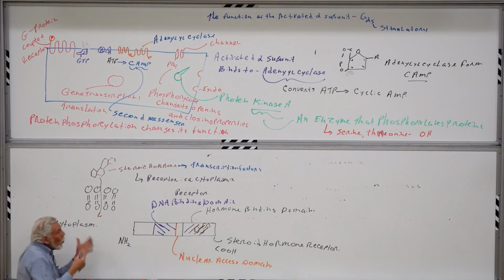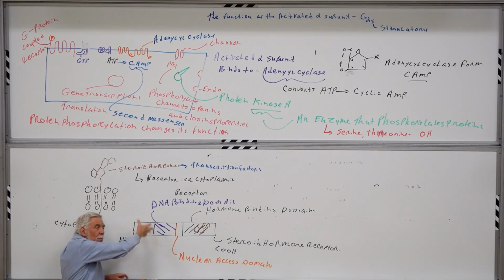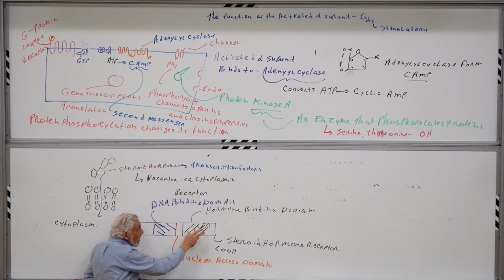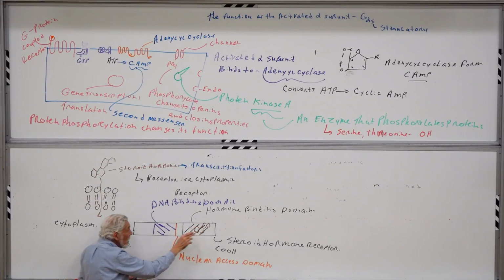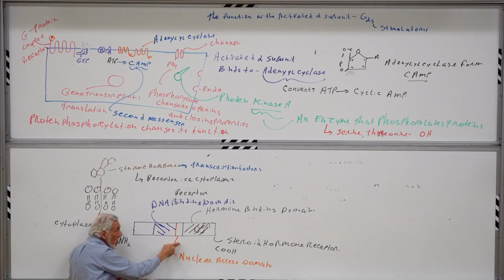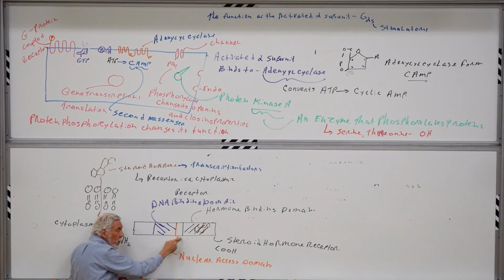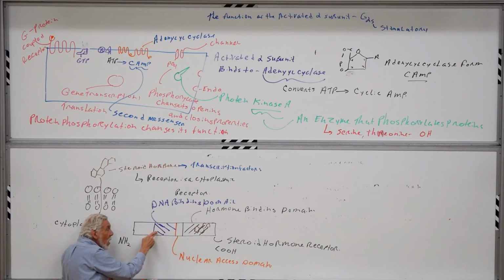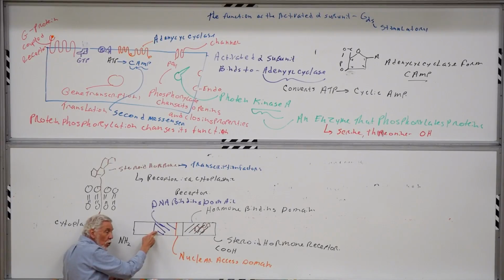So again, if you're going to be a transcription factor, you need to be able to bind to a promoter. You have to bind to the DNA. So the binding of the hormone to the receptor says, okay, let's go to the nucleus. That turns on the nuclear access domain that allows this molecule to be recognized by the nuclear pores. This now opens the portcullis, allowing the complex to get into the nucleus.